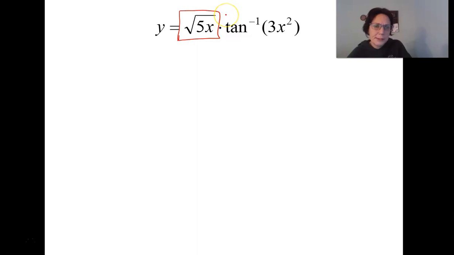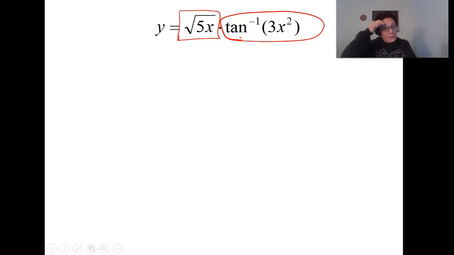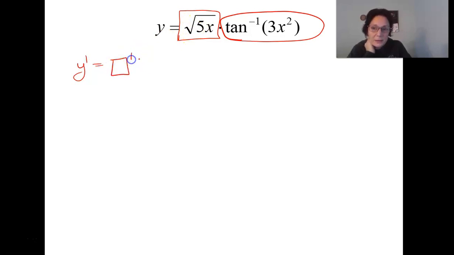I don't want to use a cloud. What shape can I use? I'm just going to circle it, oval it, ellipse it. Okay, since I'm using a product, I want to write it out so we don't get too confused. I am going to take the derivative of my square, multiply by my ellipse, plus the derivative of my ellipse times my square.